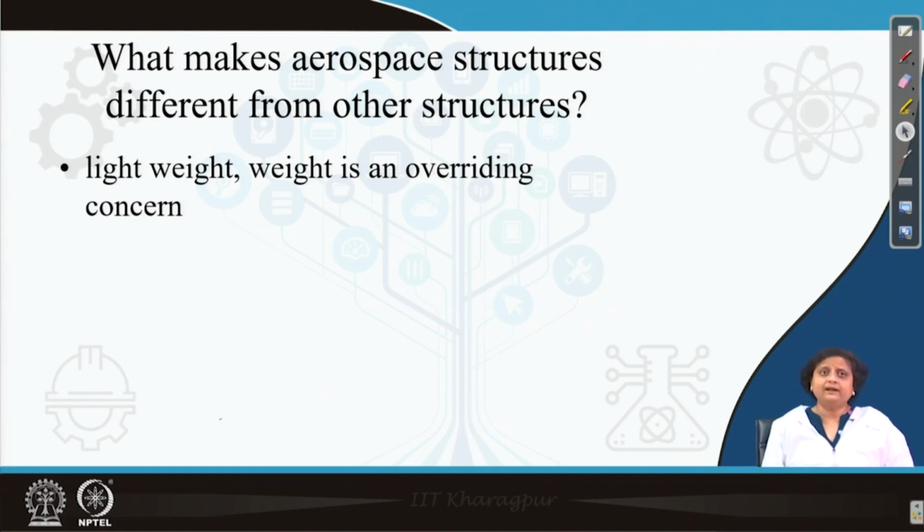Similarly, aircraft also needs to be lightweight, but for aircraft, weight is an overriding factor. At every step of the design of an aircraft structure, one has to check the weight, unlike any other structure. So, weight is the most overriding factor in an aircraft structure.